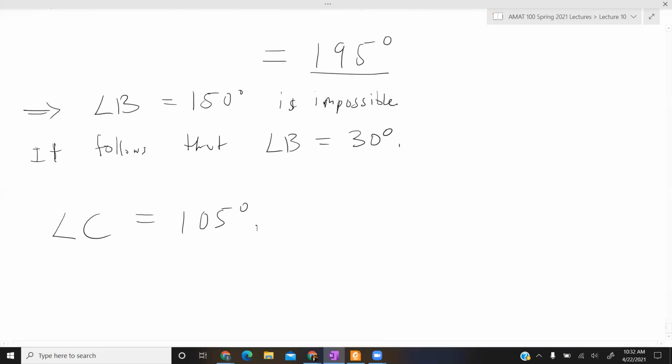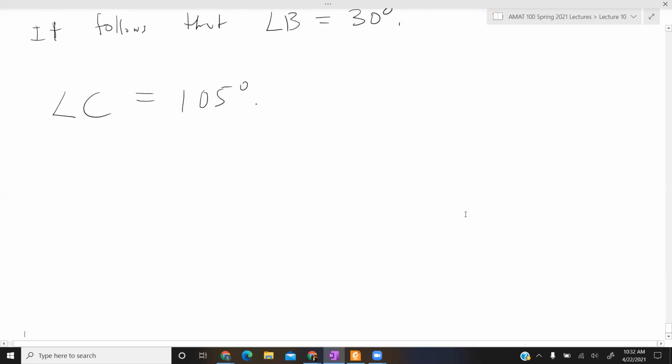So now we have all three angles, and now we'll just use the law of sines to get that last side. I'll just write down the equation you need. I won't go through the steps.